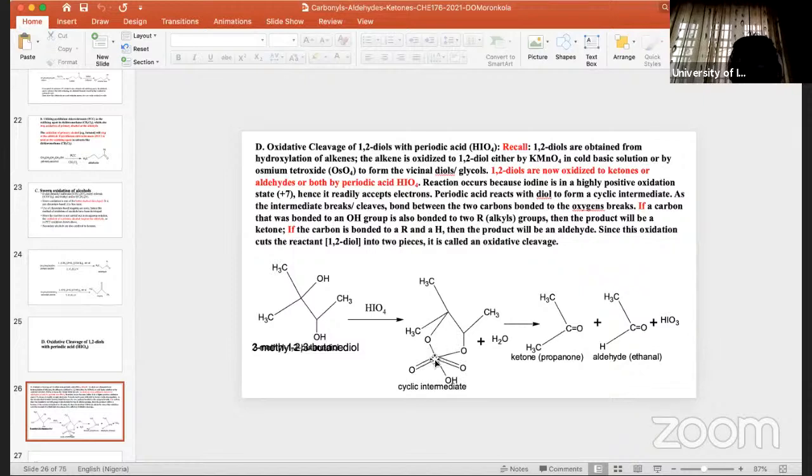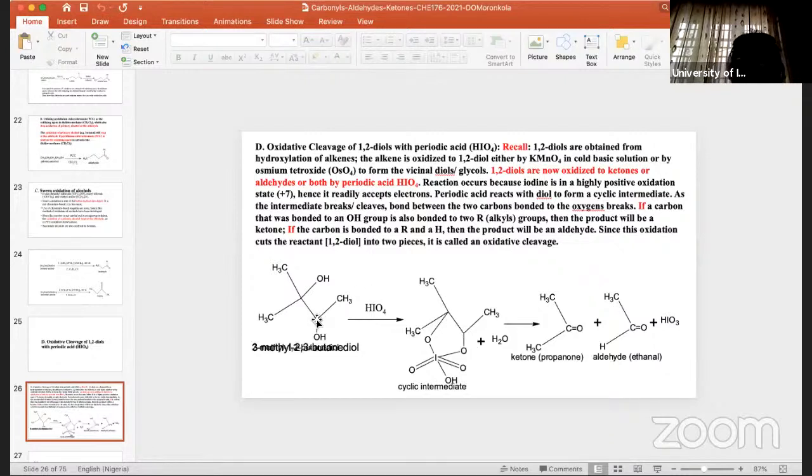You can see it where my cursor is, with 7 bonds on it. So this easily attacks the 1,2-diol at that position to form a cyclic intermediate, which further breaks on hydrolysis. Then check the carbon carrying the two OH groups.